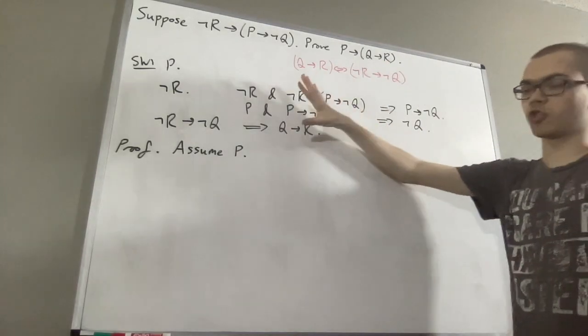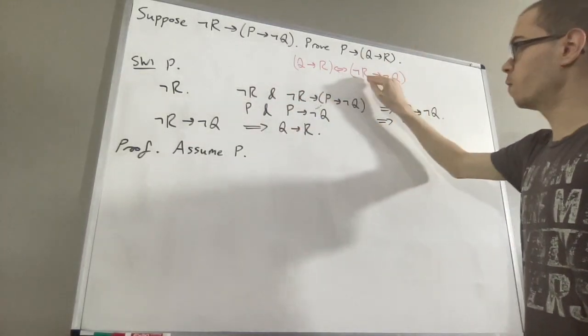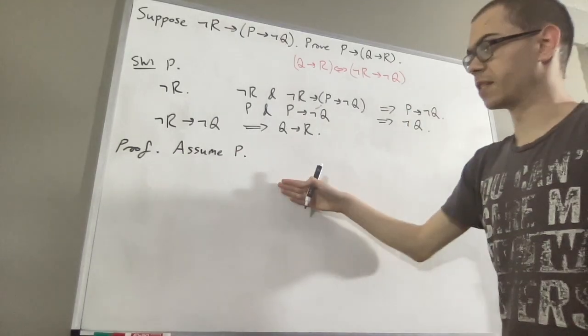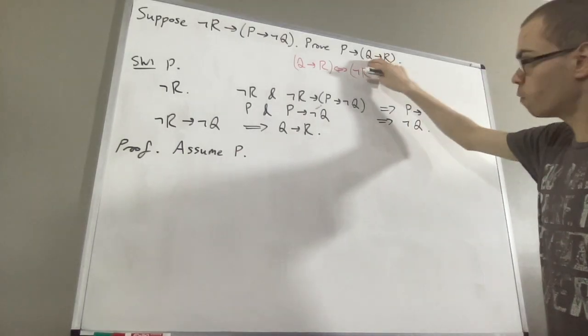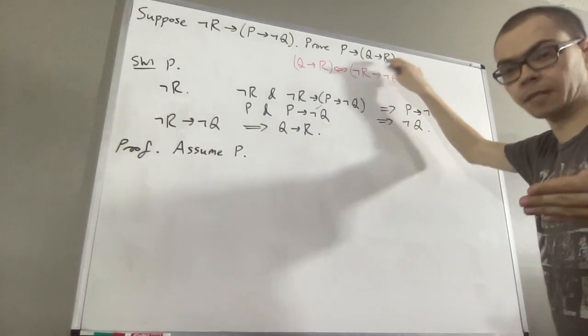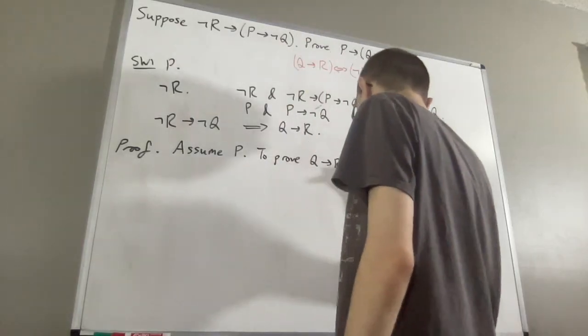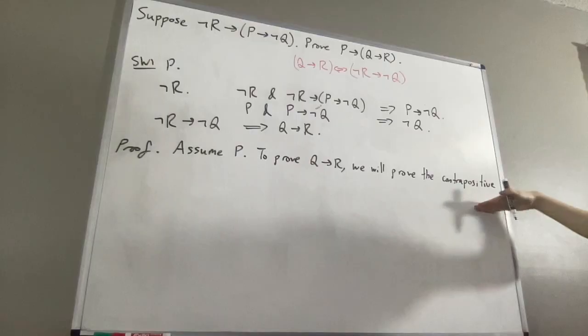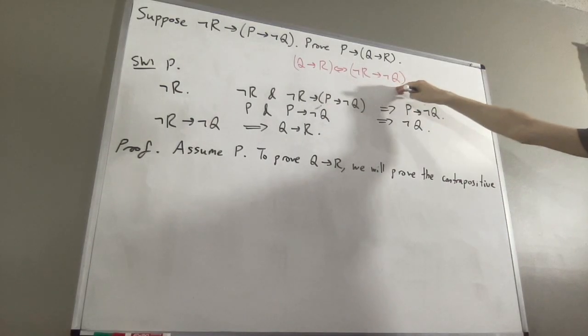The way we did that in our scratch work was we proved the contrapositive of that statement. So what we're going to write down in our proof is we're going to say to prove if Q then R, we are going to prove the contrapositive. Right? And this indicates that we're going to prove this statement instead.